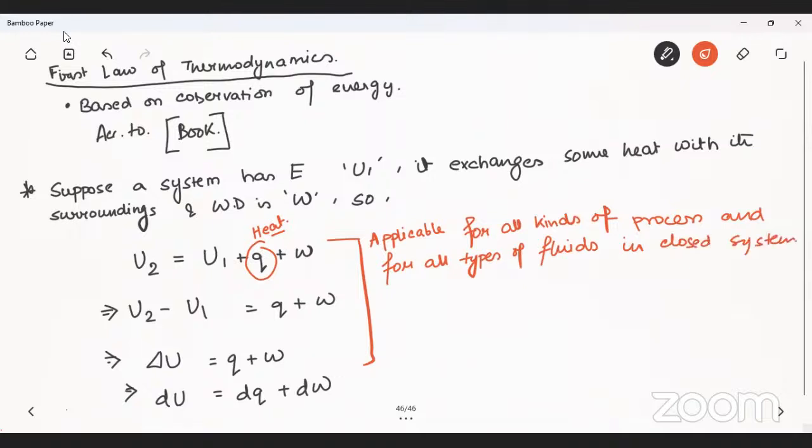So if anywhere you see a question for this equation, you can be sure to apply it for everything. There are no restrictions.